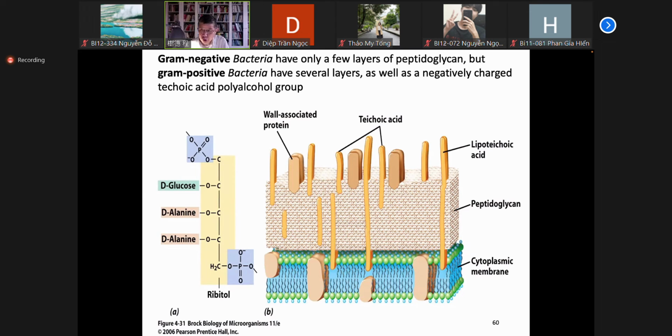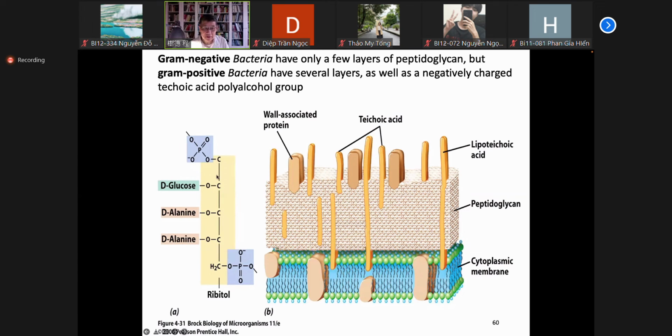Ribitol is a sugar alcohol, a 5-carbon sugar alcohol. A 6-carbon sugar is glucose, right? Galactose, that is fructose. And 5-carbon sugars are ribose or arabinose. So those are the 5-carbon sugars. So this is a sugar alcohol called ribitol.